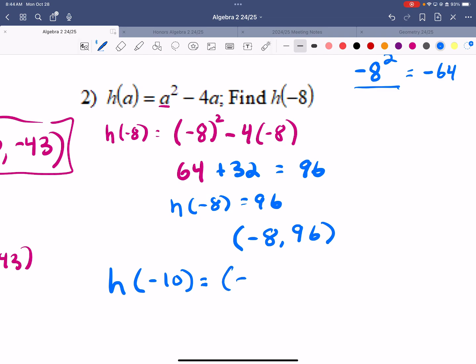So h of negative 10 is going to be negative 10 squared minus 4 times negative 10. So that's 100 plus 40. So 140.